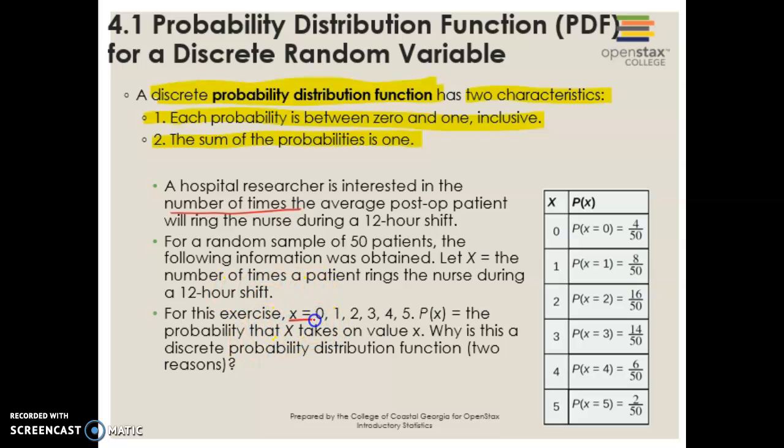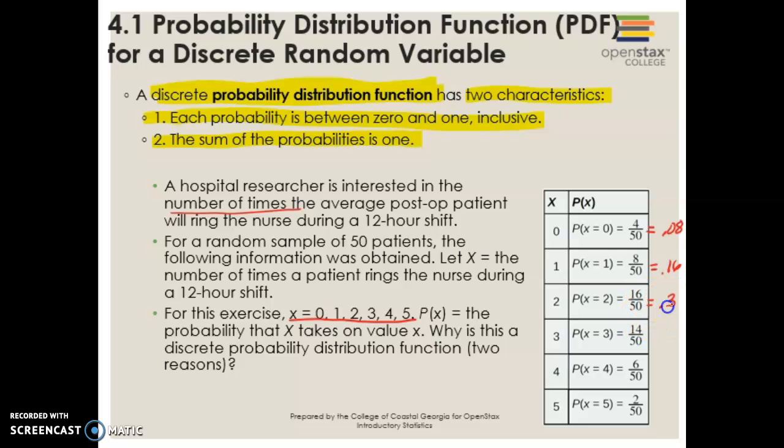What he got was 0, 1, 2, 3, 4, or 5 times out of the 50. An easy way to find percent: if this is 50, just multiply by 2. So that would be 8%, which is 0.08. Times 2 is 16%, 0.16.